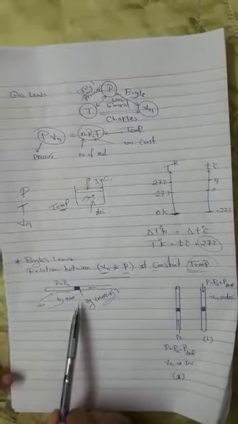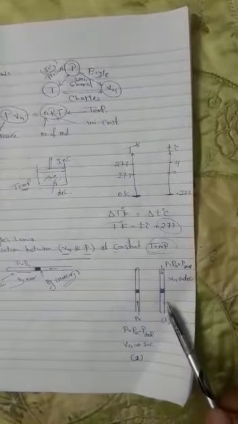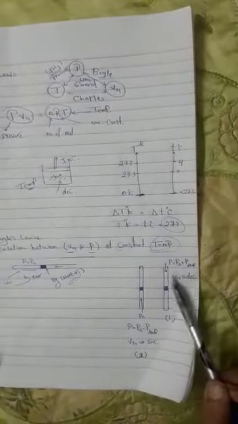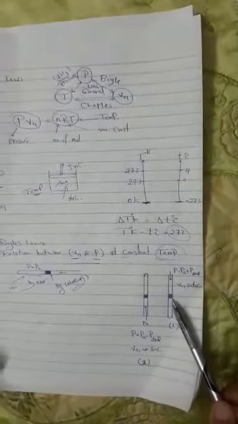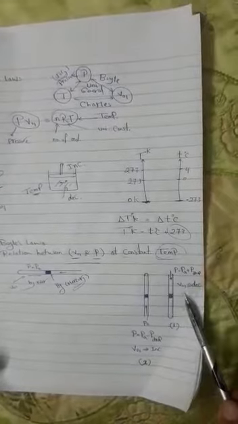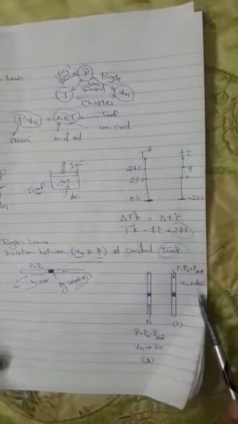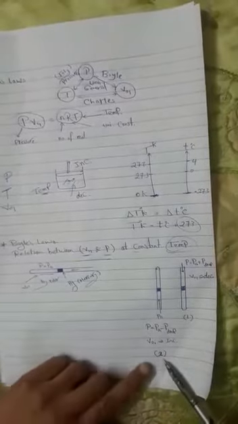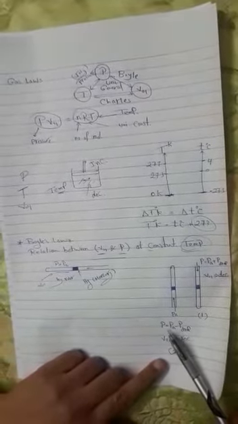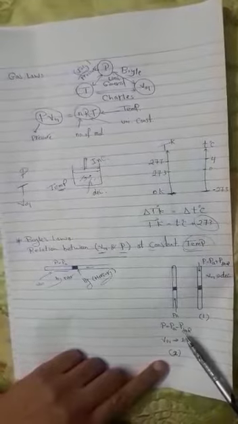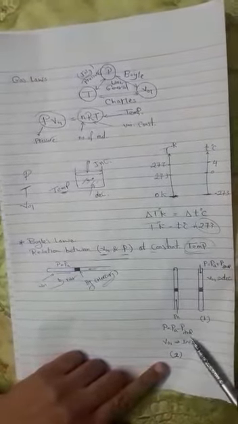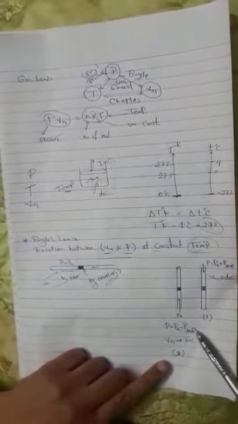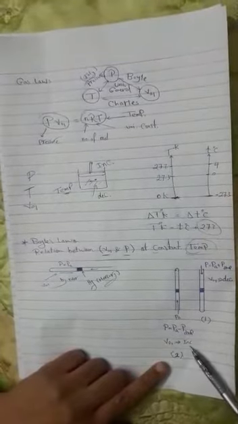To increase pressure, as we saw in this figure, we invert this thin tube. The pressure becomes equal to air pressure plus the pressure of the mercury drop, and volume decreases. To decrease pressure, as we show in figure 2, pressure becomes air pressure minus the pressure of the mercury drop, and volume increases.